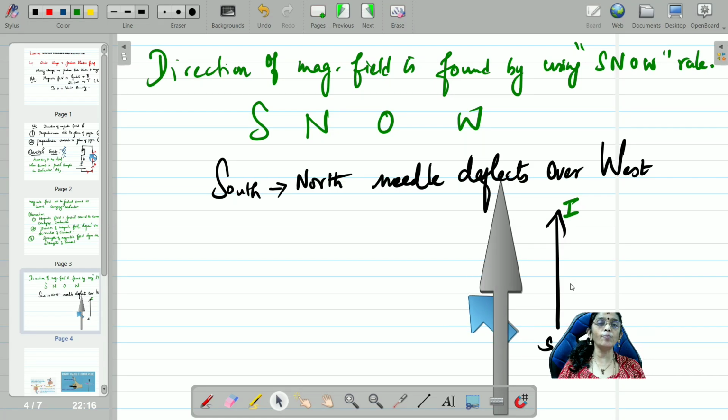Can you see the magnetic compass needle now? I is the current which is flowing upwards, whereas the magnetic compass needle which is kept below the wire is found to be deflecting towards left.